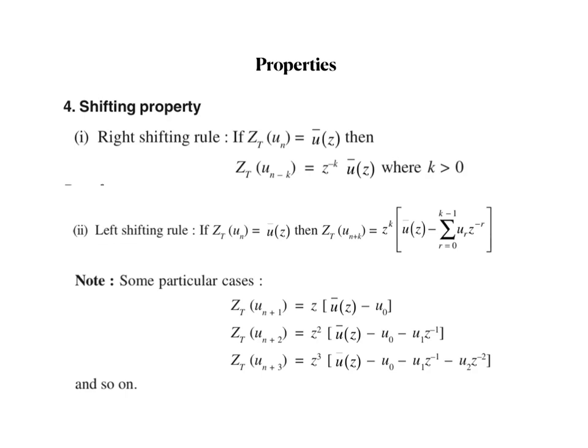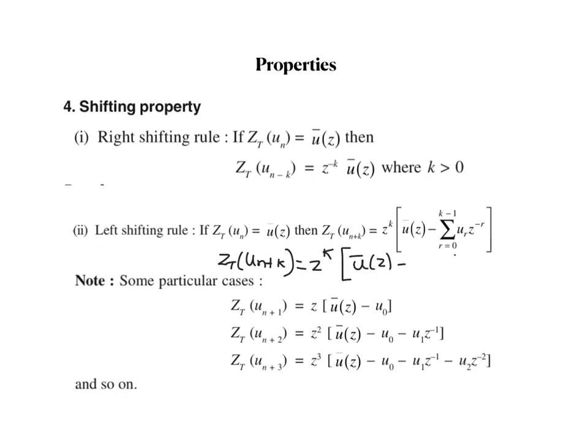See, when you expand this in general, what we get, this gives us z transform of un plus k gives us z power k, and in the bracket u bar z minus, it starts like that.